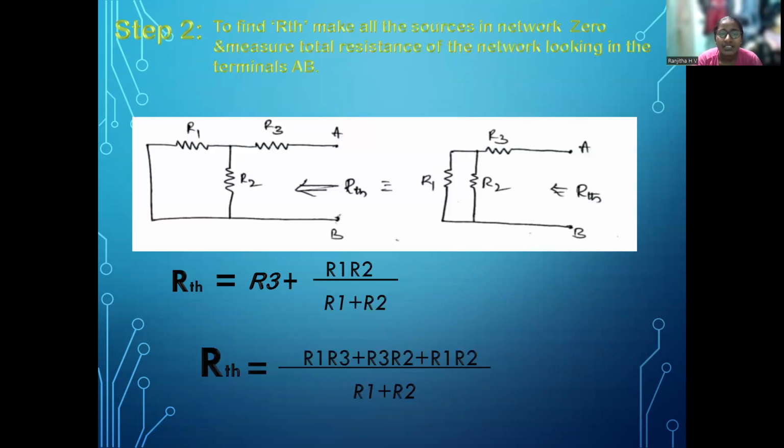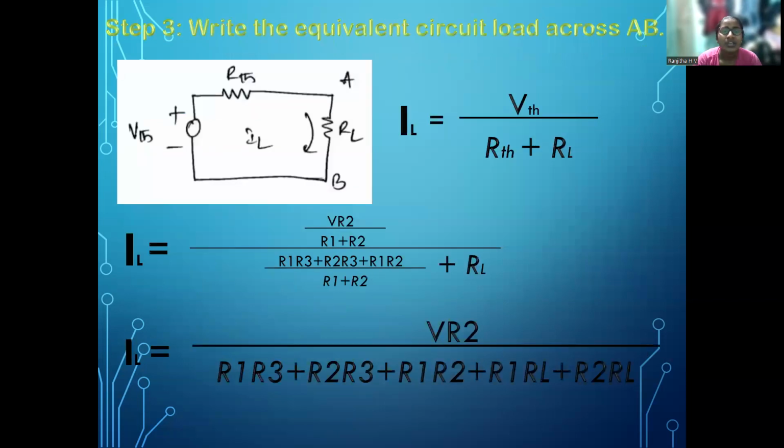Then in step 2, we find the RTH: make all the sources in the network zero and measure the resistance of the network looking into the terminals AB. Then RTH is equal to R3 plus R1R2 divided by R1 plus R2, so RTH is equal to R1R3 plus R3R2 plus R1R2 divided by R1 plus R2.